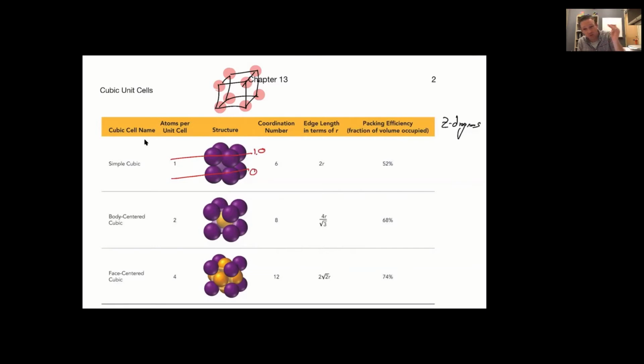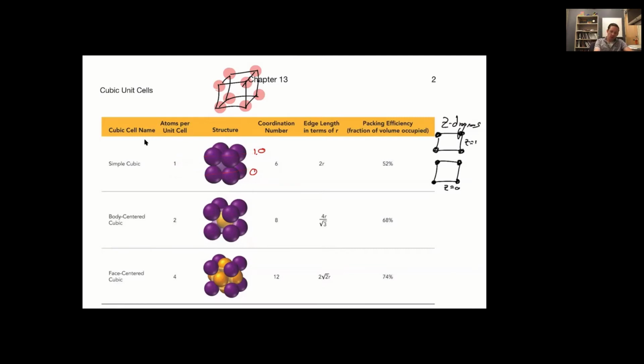If we did another cut through the middle, we would call that 0.5. And so the Z diagram, when Z equals 0, you'd have 4 atoms, 1 on each of the corners. And then the top sliver, that Z equals 1, has an atom on all of the corners. So 8 atoms within the unit cell.